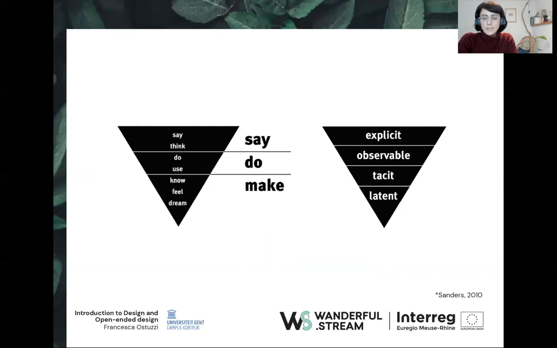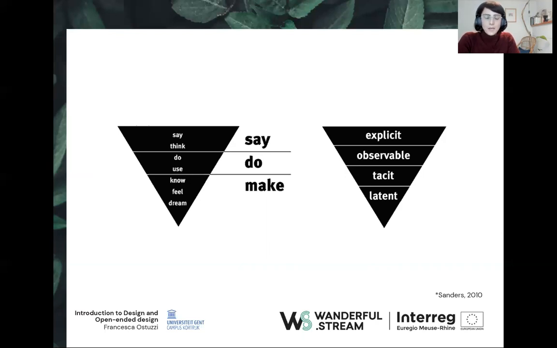And the information we can observe is actually deeper than the information that we can only say. And then we can make or co-design things with some users.